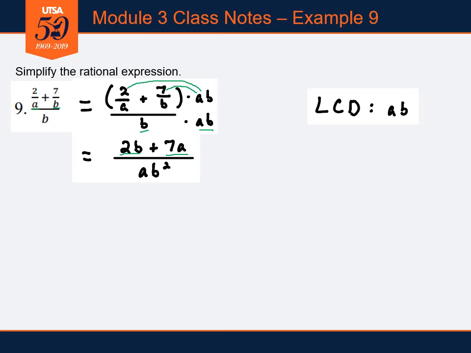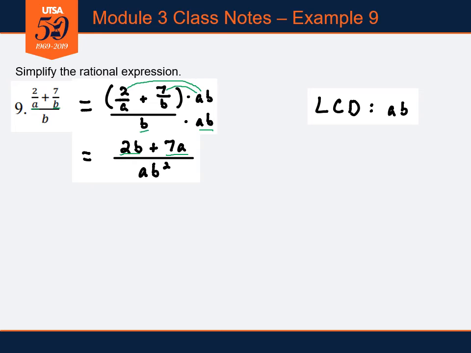What that accomplishes by multiplying top and bottom of the larger fraction by the LCD is clearing the smaller fractions. Look, in one step, we've got no more fractions within fractions. In fact, we've just got one single fraction left, one rational expression here, and if I can't find a common factor, then I'm done.